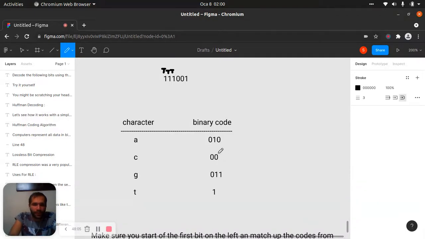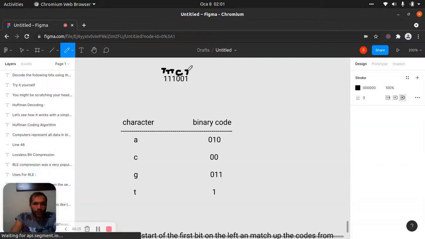Then we have cytosine, I think, because just check it, okay? 0, 0, starting like that. And we know this is cytosine. And the last one will be again thymine.